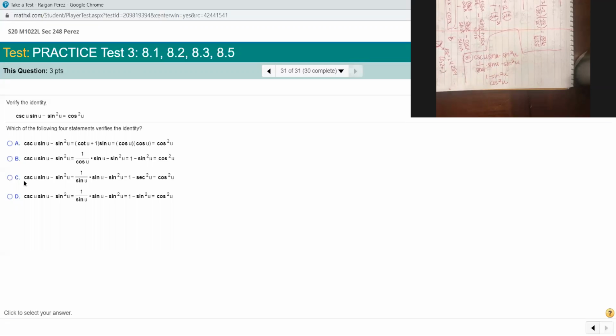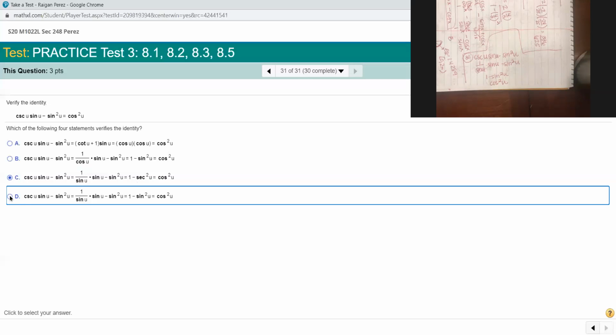Automatically it's either C or D because they go to the 1 over sine u. And then it should cancel and become 1 minus sine squared u. Okay, so it looks really similar, but if you notice, C has a secant squared u right here. We need a sine squared u. So our answer is D. That one little thing, don't let it trip you up.